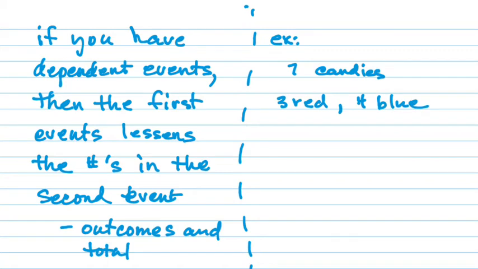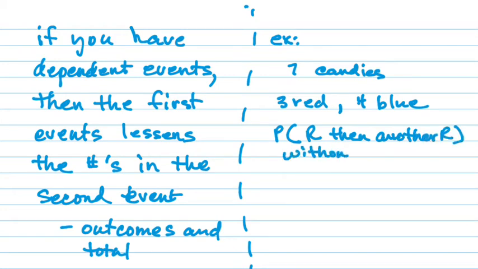So we're going to say, what is the probability of getting a red, then another red, and this usually has to be spelled out: without replacement. Now it kind of goes without saying that you're not going to replace it if it's a candy, because you're never going to get anybody to give you a candy back, right? So we're going to draw a red candy. Then we're going to draw a second time, and the second time we also want a red candy.